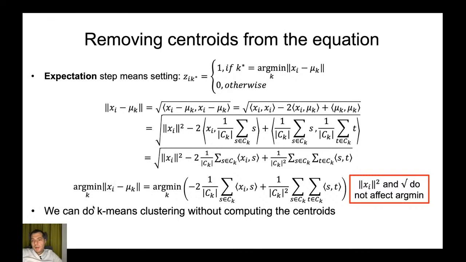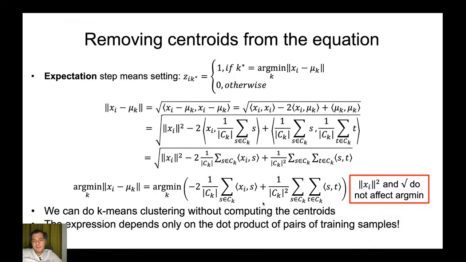So right now we can do k-means without computing the centroids, so we can directly compute the assignments like this. And this expression now depends only on the dot product of pairs of training examples. So we have the dot product here and the dot product here.